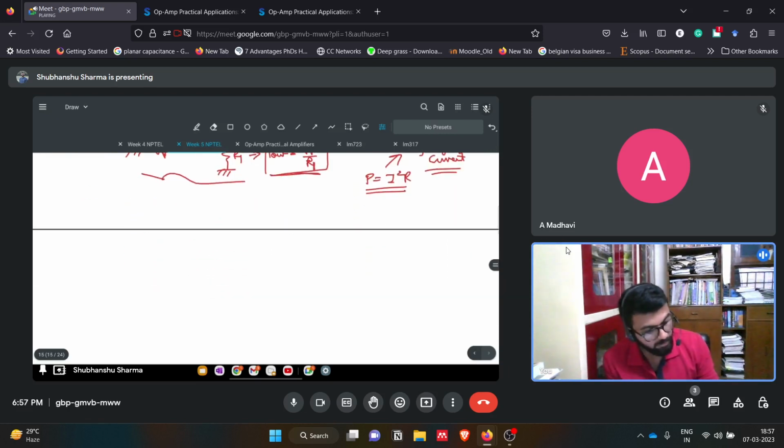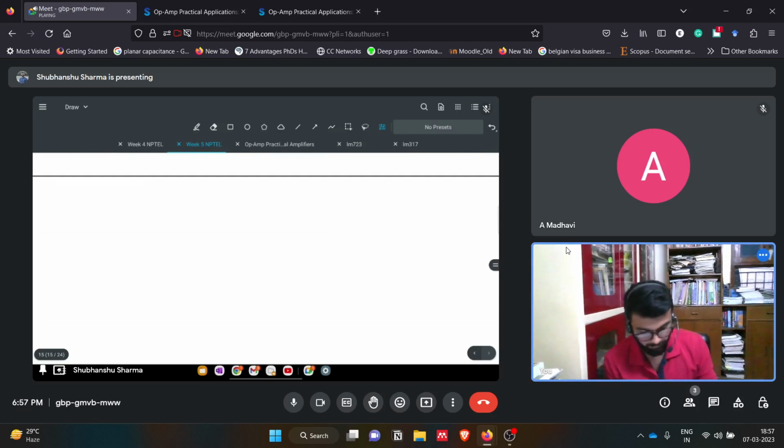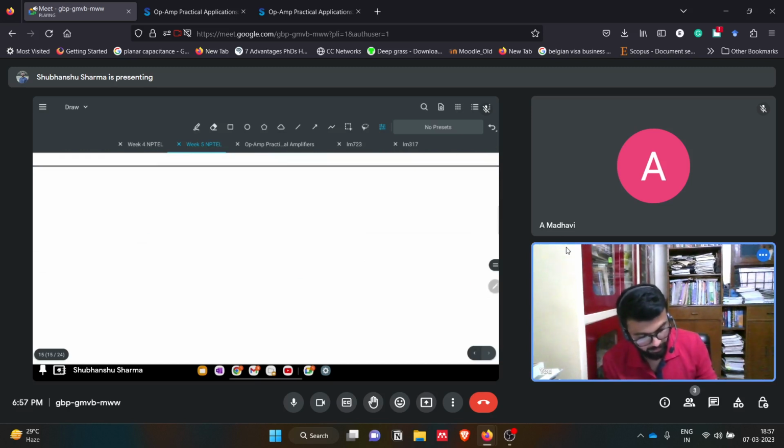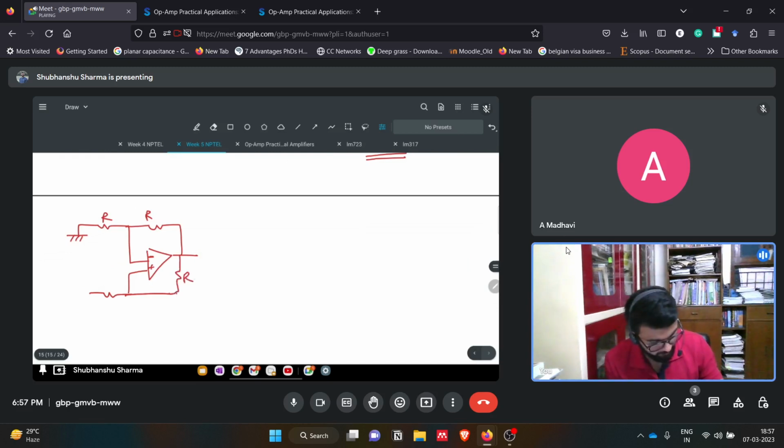Then we saw different configurations of voltage to current converters, but for a smaller range of current. I'll draw one for you. Here we have R, this is also R, and this is the load resistance RL, across which we get the output current I out.